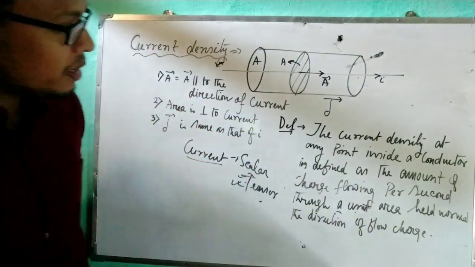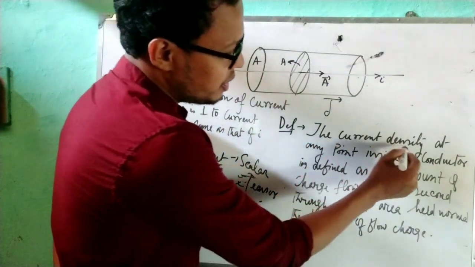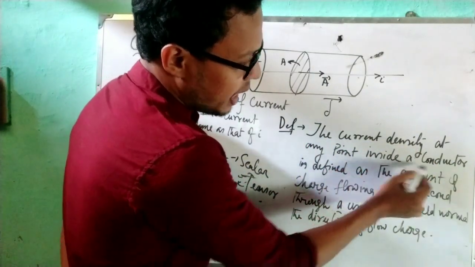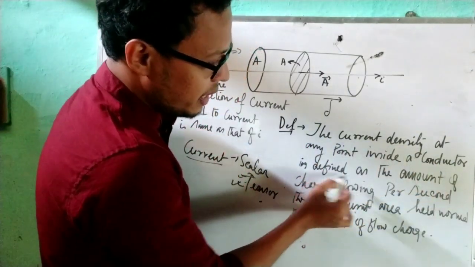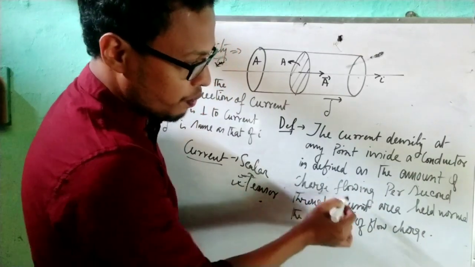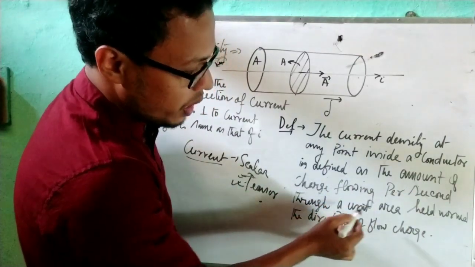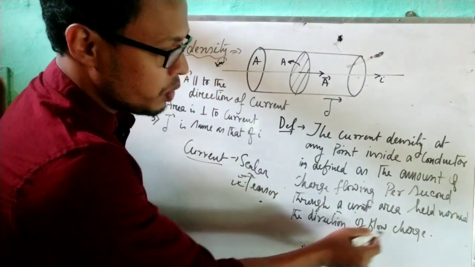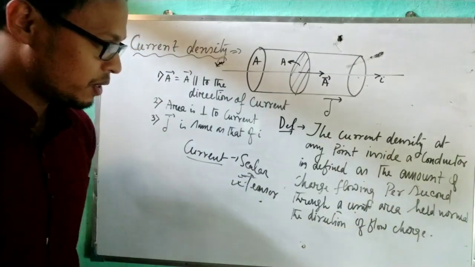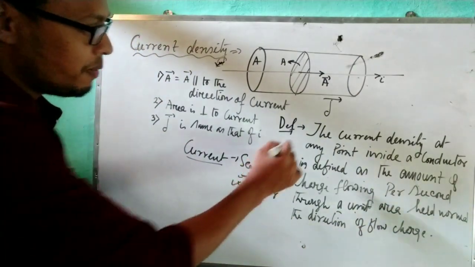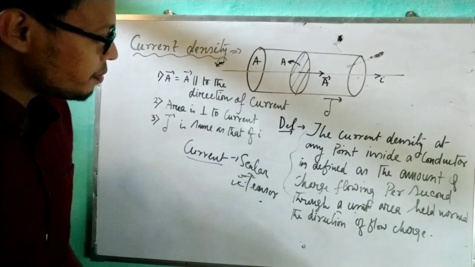By definition, the current density at any point inside a conductor is defined as the amount of charge flowing per second through a unit area held normal to the direction of flow of charge. This is the definition I am expressing.